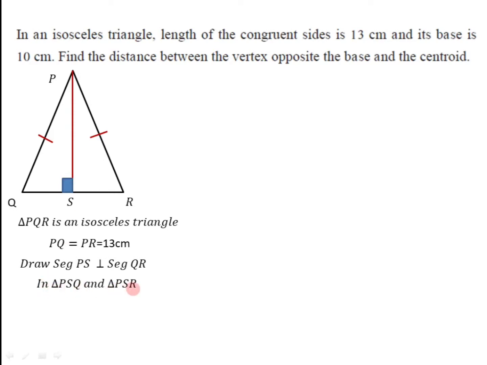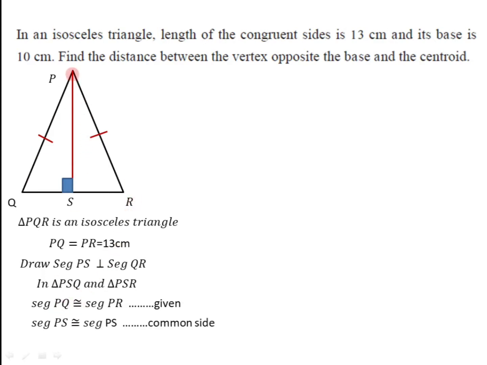triangle PSR. We are trying to show that these two triangles are congruent. For these two triangles, we have segment PQ congruent to segment PR because it is an isosceles triangle and it is given that PQ is equal to PR is equal to 13. That's why these two segments are congruent.